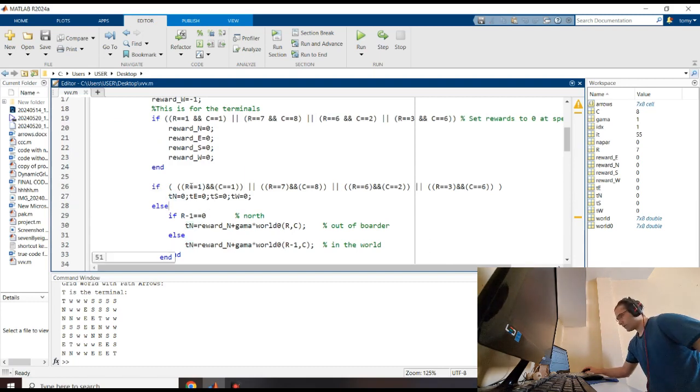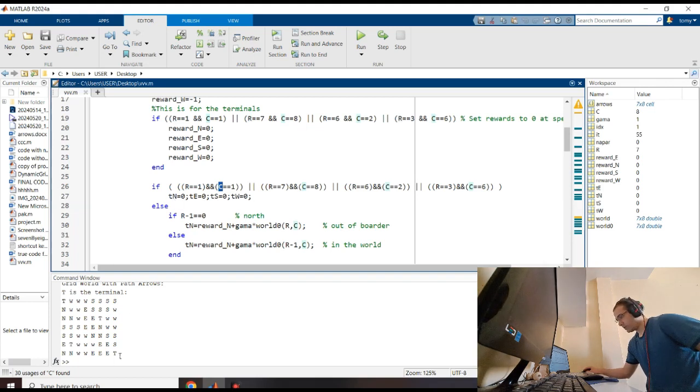So here we said if the row is 1 and column is 1, these arrows, these directions, should be equal to 0.